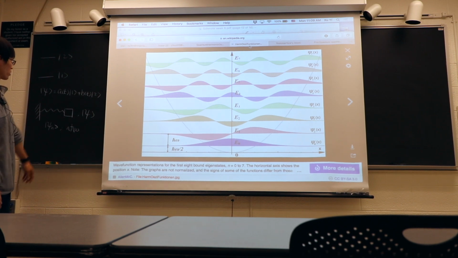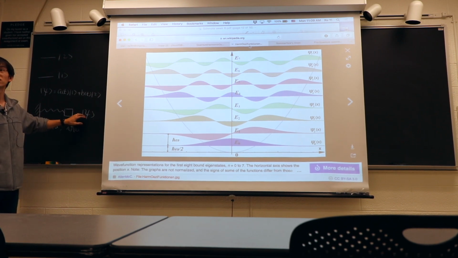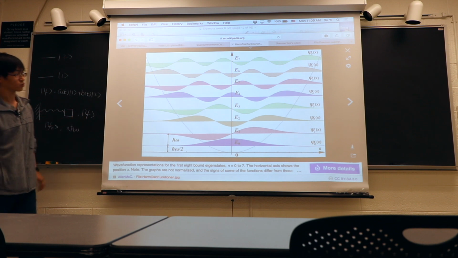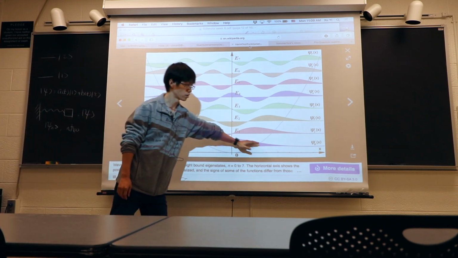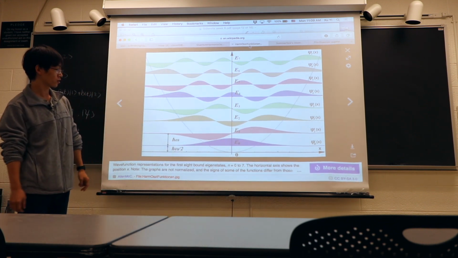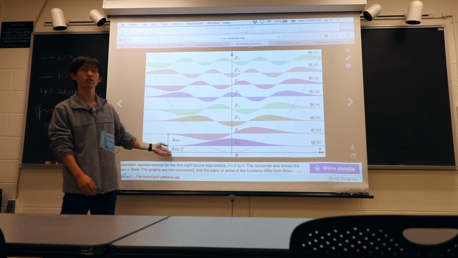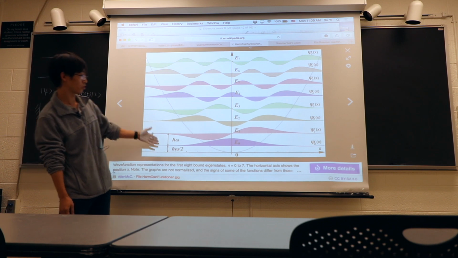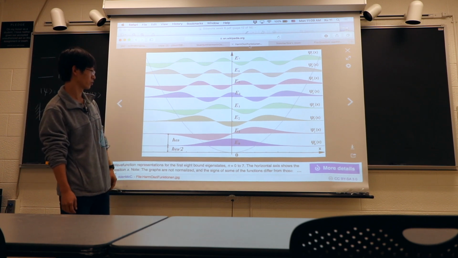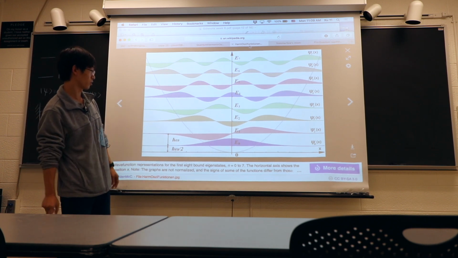So when we write down an equation like this, the wave function really looks like this one. Okay. I think they take both the imaginary part and the real part. They probably only show one, either the real part or the imaginary part.